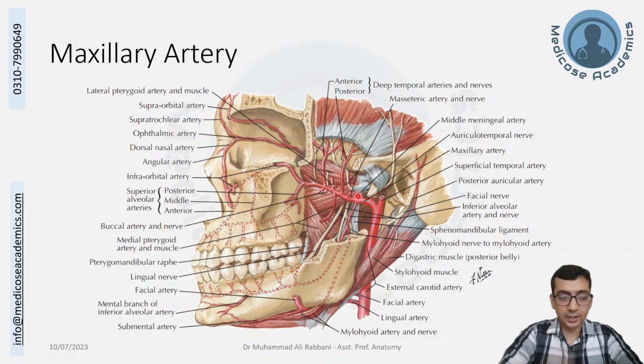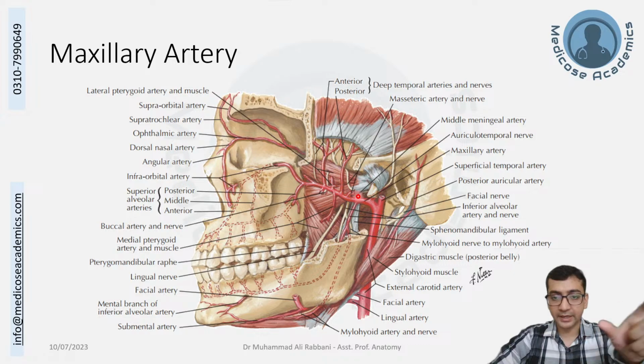Netter's atlas, which I'm using right now, has made it lateral to the lateral pterygoid muscle. Grant's atlas, the one present in Keith Moore's Clinical Anatomy, has drawn it medial to the muscle. So don't get confused by that. It is a normal variation that it may be present on either side.